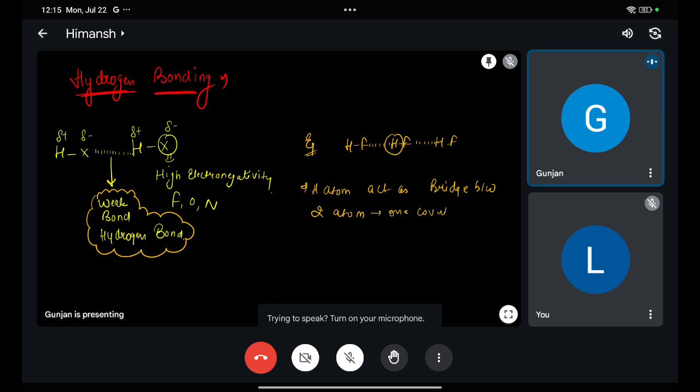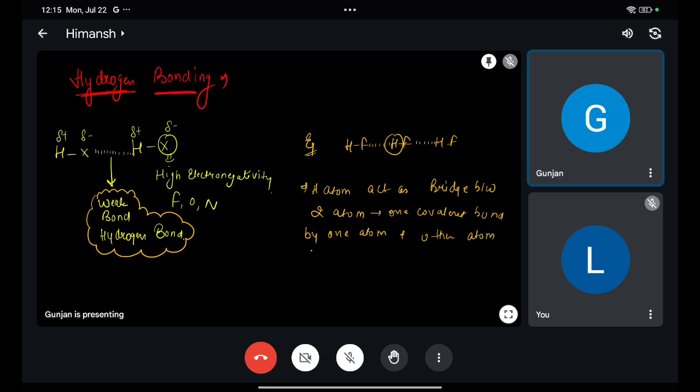One covalent bond with one atom, and with the other atom through a hydrogen bond. The hydrogen bond is represented by dotted lines like this.